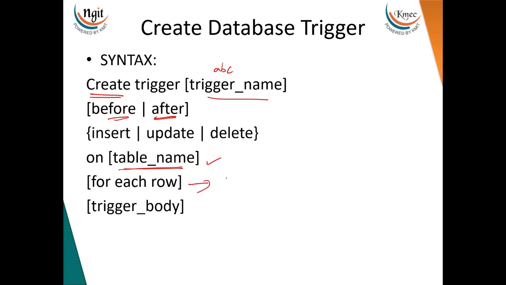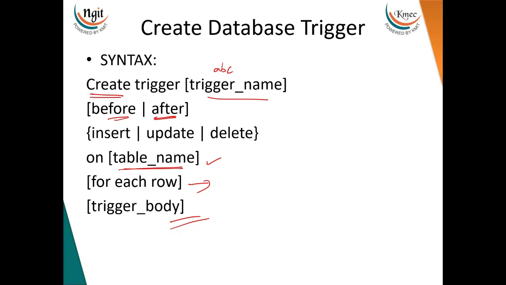For every row, the trigger needs to get activated when you specify for each row. Trigger body: the trigger body contains the instructions that you write inside it. Those instructions will get executed, and finally when the table is displayed after the trigger gets activated, you can find certain changes.